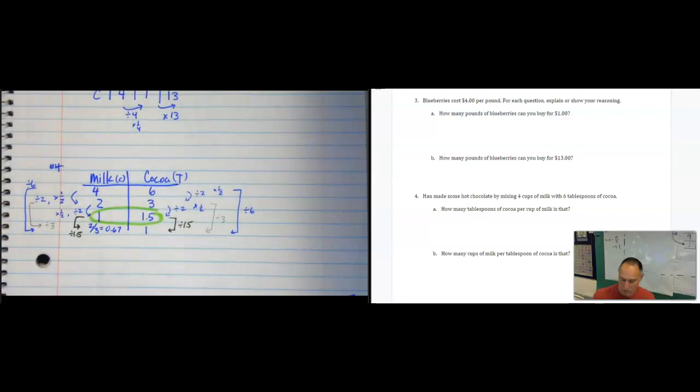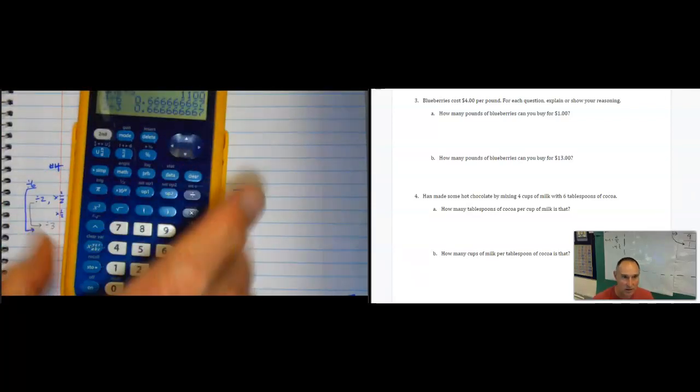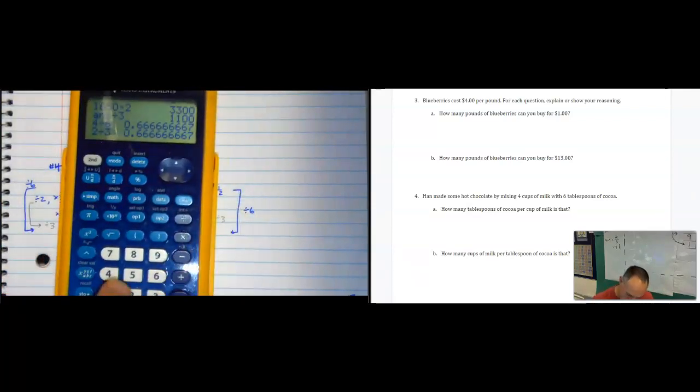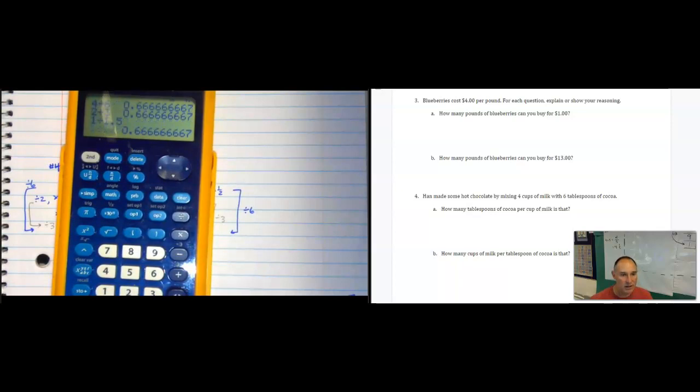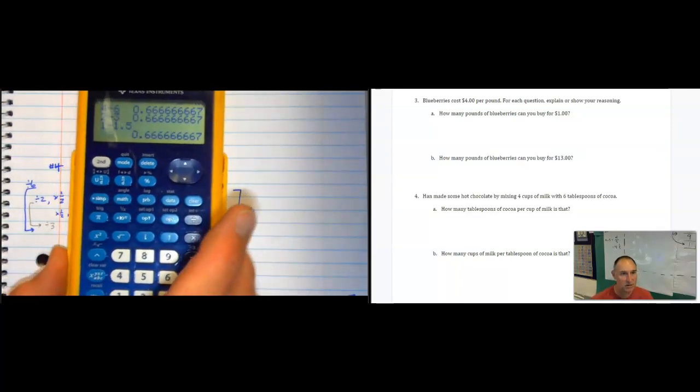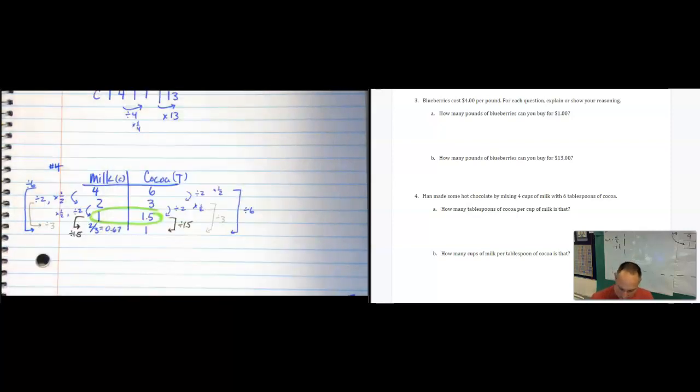What that means is I have to take this 1 right here and divide that by 1.5. Okay, so let's try this. Let's see what happens here. So I take 1, divide by 1 5/10, and you get the same output every single time. 0.6 repeating, rather, and you end up with 2/3. It's the same every time.